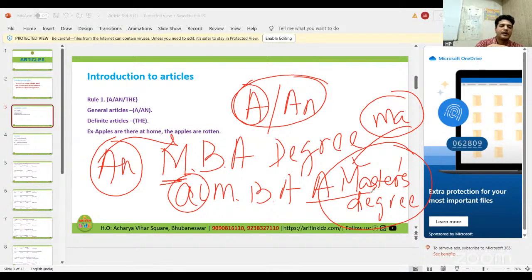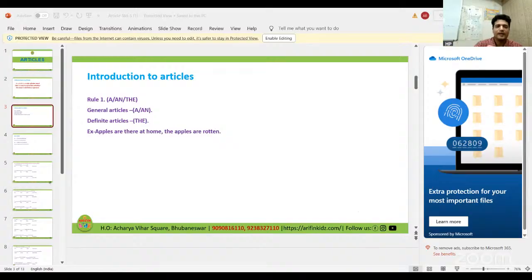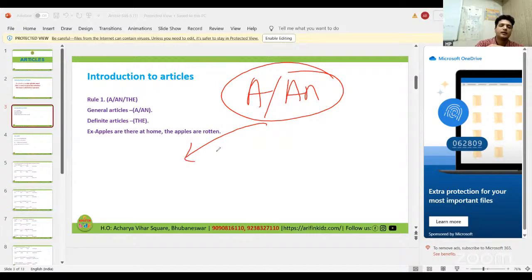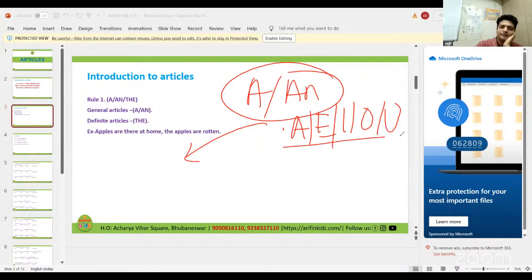Now, I'll explain it again, right? We have two general articles, a and an. Whenever the pronunciation starts with any of the vowels, we have five vowels: A, E, I, O, U. If the pronunciation, not the spelling, starts with any of the vowels, we will use an.